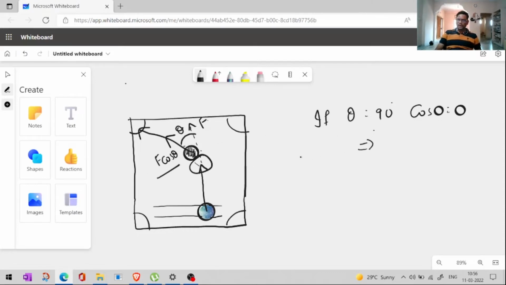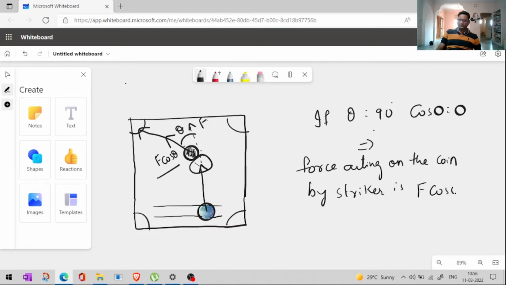So the force acting on the coin by the striker is F cos theta Newton.